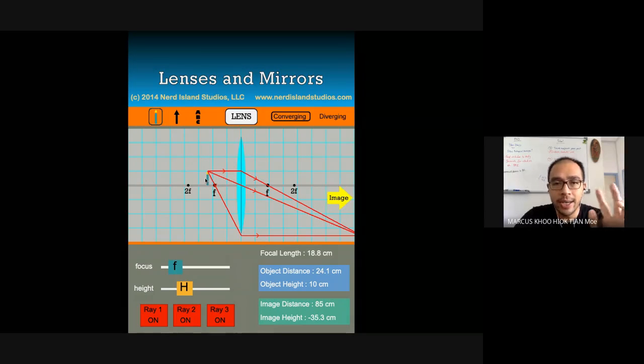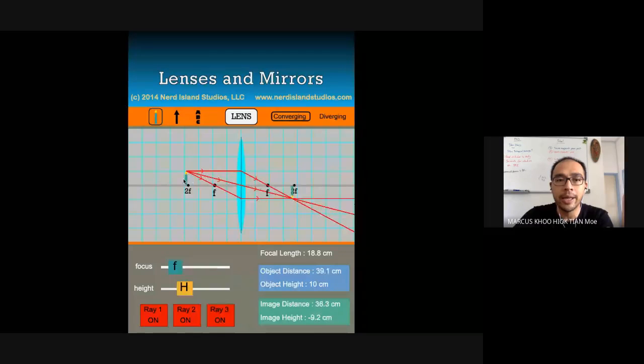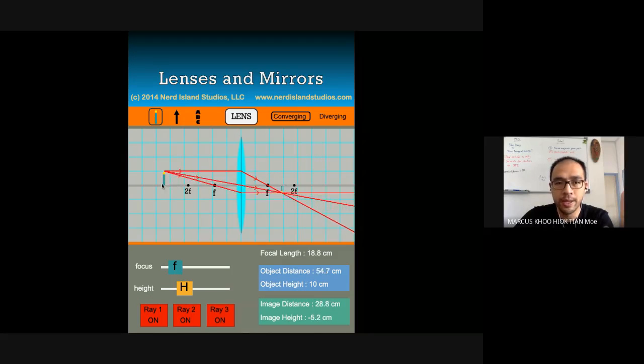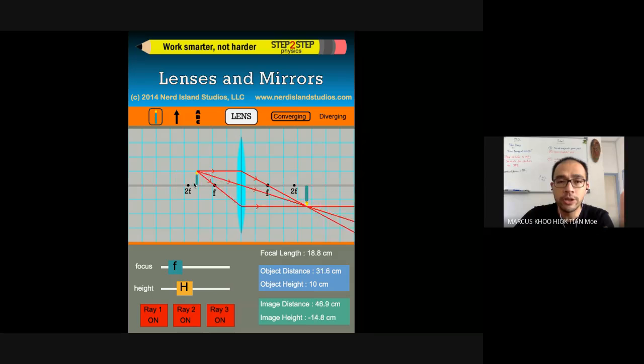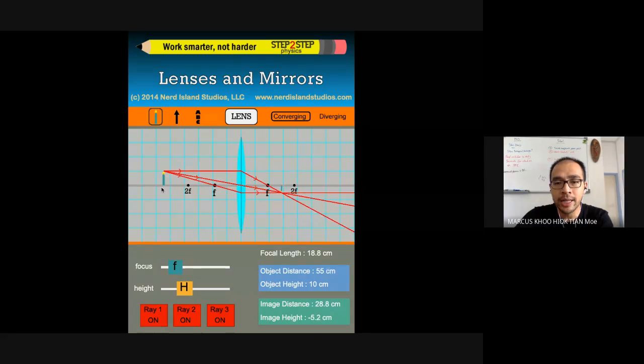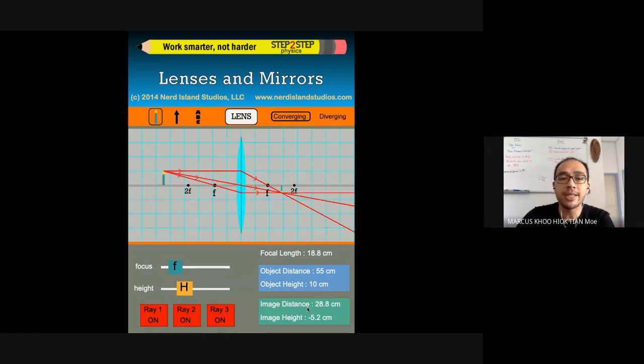Now I suggest that you take 3 values over here and 2 values over here. It doesn't matter. Of course, it is nicer if it is a value like this: object distance 55.